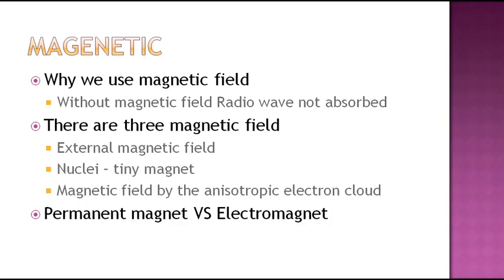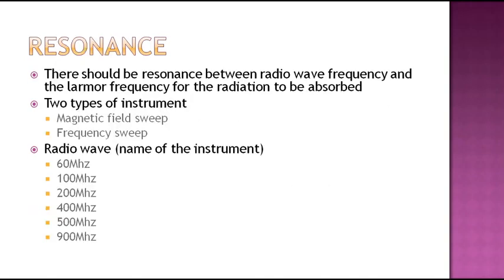The problem with the electromagnet is that we usually have voltage fluctuation in our power supply, and the voltage fluctuation will lead to a change in the magnetic field, and that change in magnetic field definitely will affect the spectrum. Therefore, making a static magnetic field is very, very difficult. That's why the NMR instrument is costly, right?